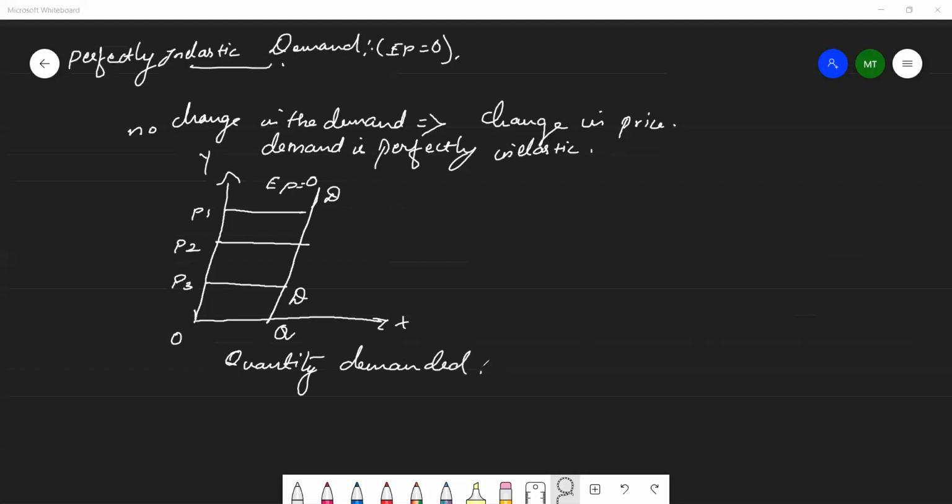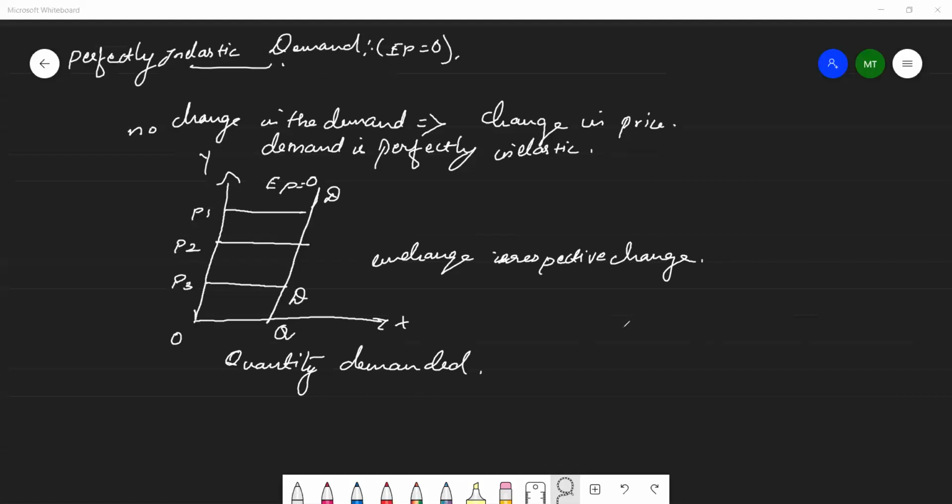Therefore, the demand curve is a vertical straight line, which shows the demand remains unchanged irrespective of the change in the price.